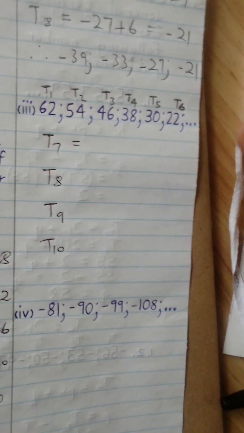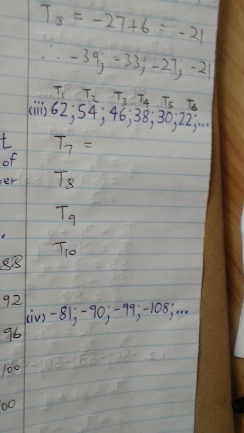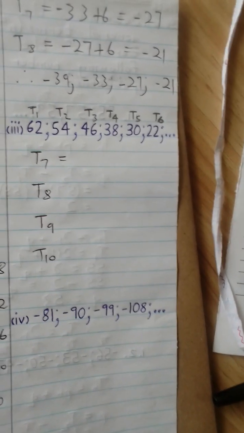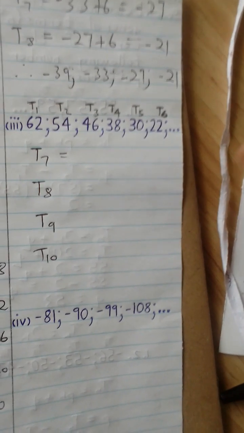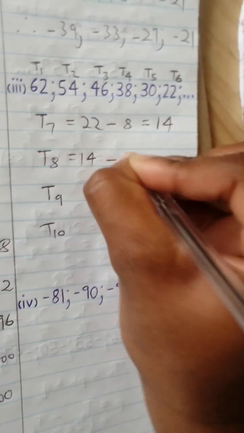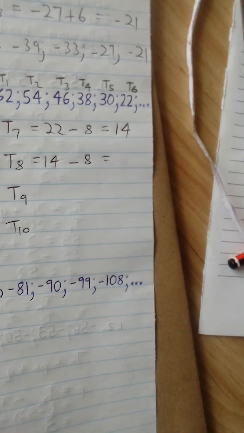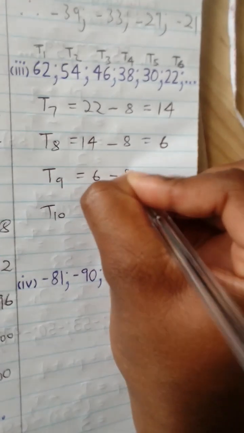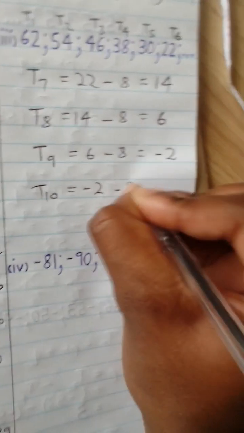So P is T2, which is 54, minus T1, which is 62. Negative 8. So we subtract 8, right? T7 is 22 minus 8, which is 14. T8 is 14 minus 8, which is 6. T9 is 6 minus 8, which is negative 2. T10 is negative 2 minus 8, which is negative 10.